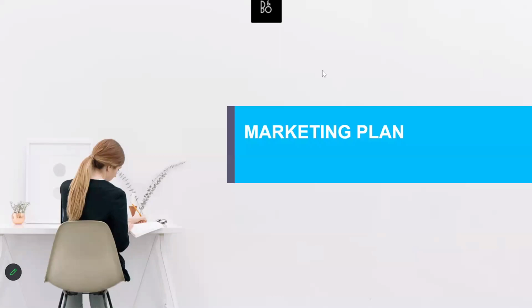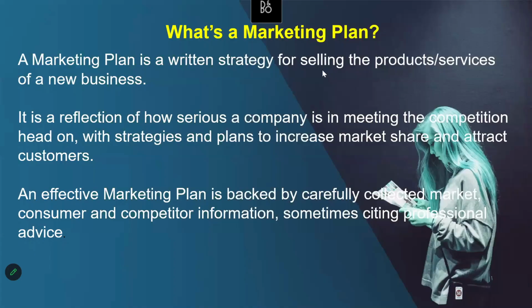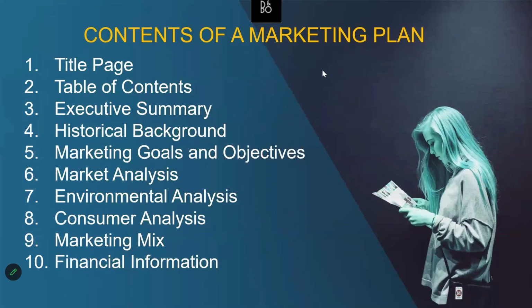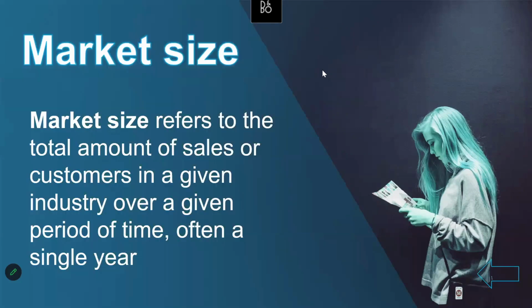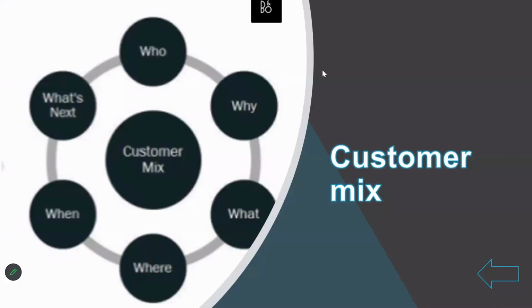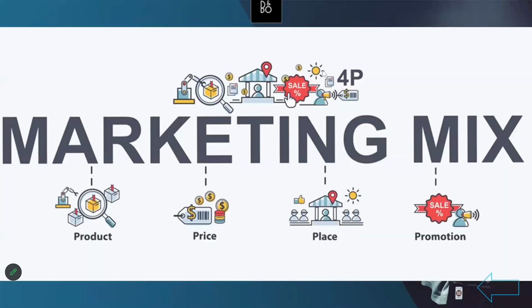Then we saw about the marketing plan, contents of the marketing plan, objectives, analysis, customer mix, environmental analysis, right? Marketing mix. This is another important part. In every past paper, I normally give a question in this particular section.